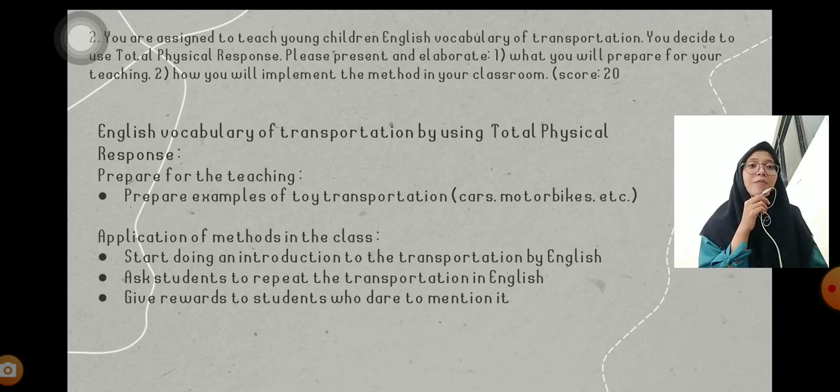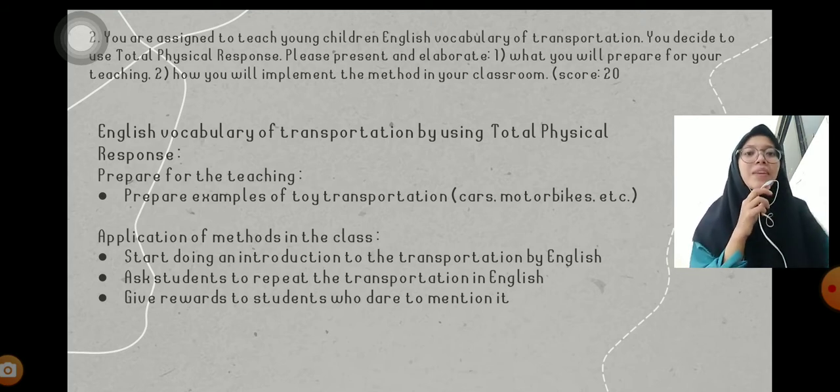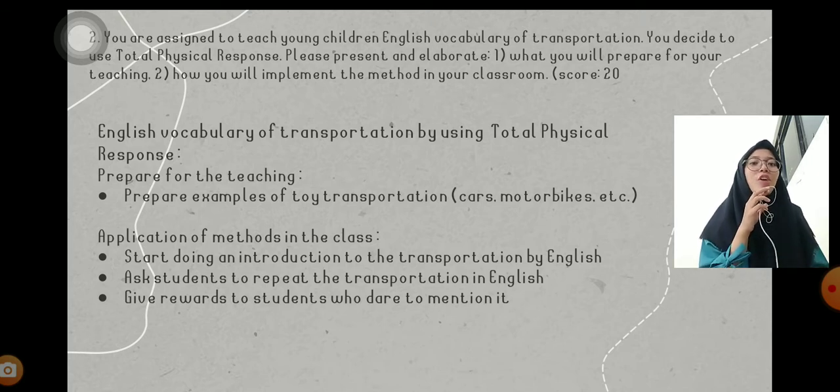First, prepare for the teaching. Prepare examples of the transportation like cars, motorbikes, motorcycles and bus or others. And next, the application of the method in the class. Okay.